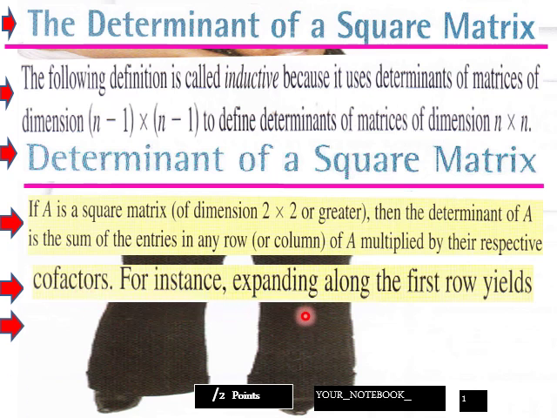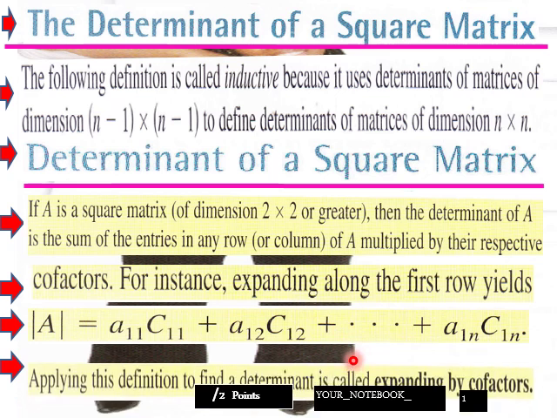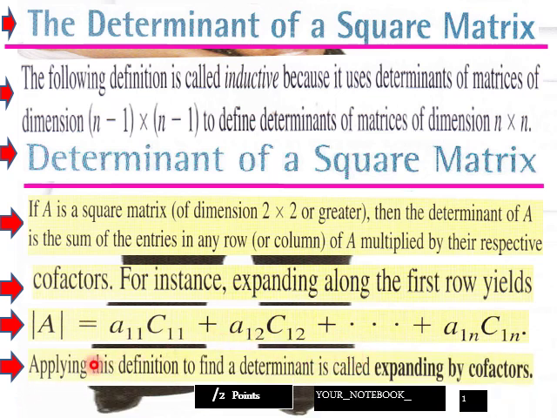For instance, expanding along the first row yields the determinant of A equals A11 C11 plus A12 C12 plus A1n times C1n. So this is a way to find the determinant of a square matrix. Let's get into an example of that.